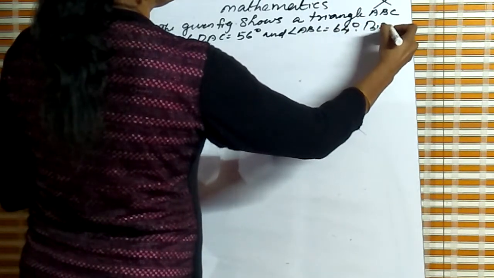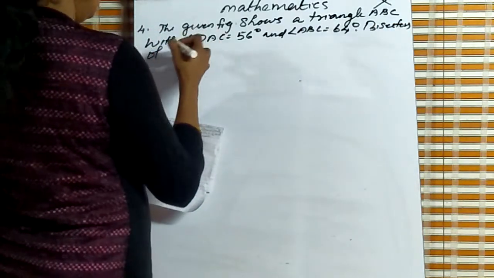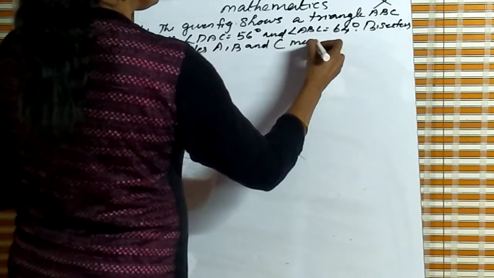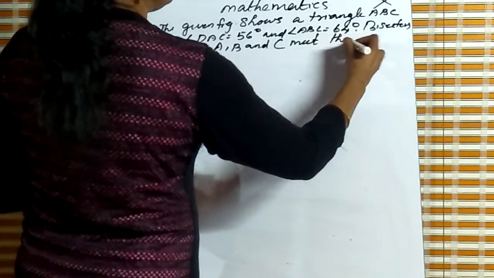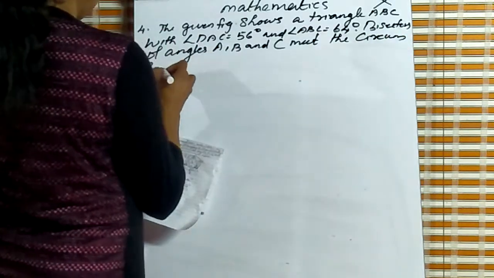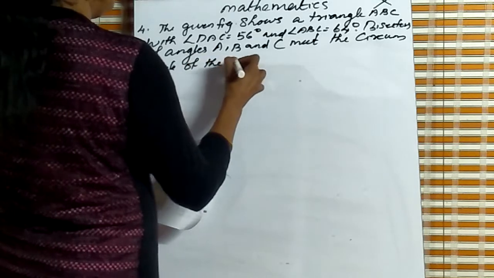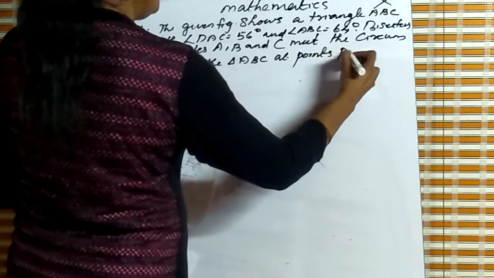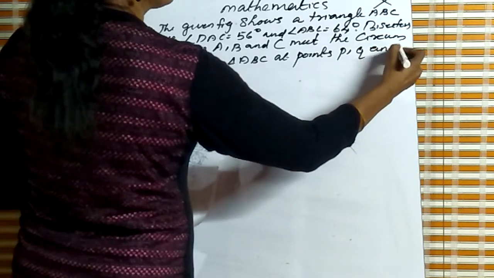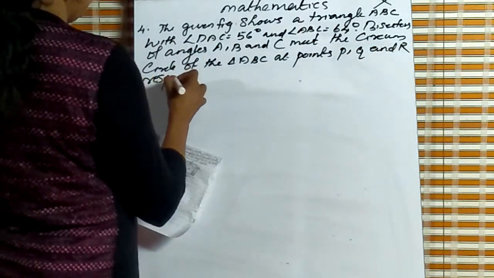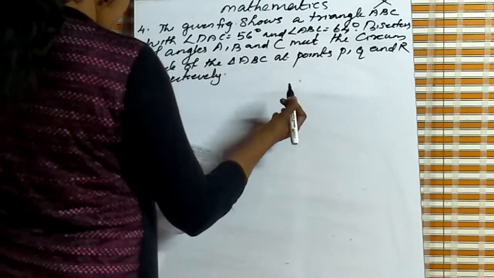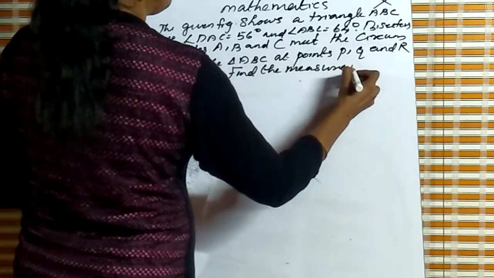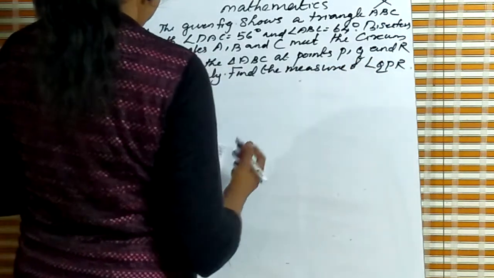Bisectors of angles A, B and C meet the circumcircle of the triangle ABC at points P, Q and R respectively. Find the measure of angle QPR. Figure.